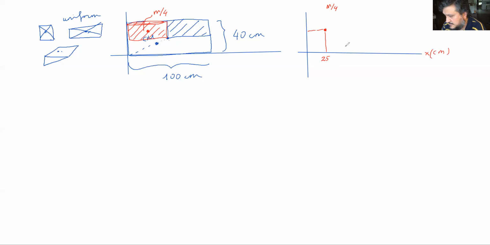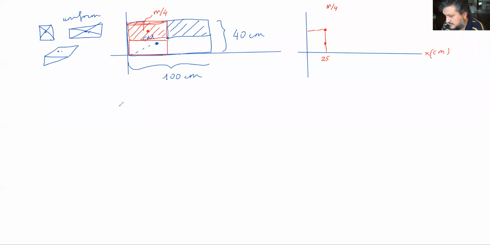So this is at 25. Similarly, I have another mass right below it. What is this one? It comes from the quarter mass over there, this one. So that is now represented by this dot here.